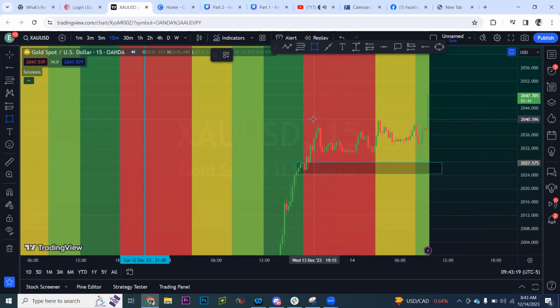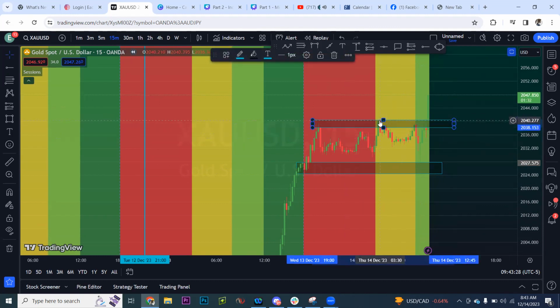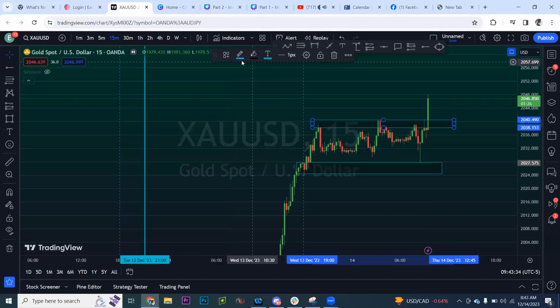And my highest point is here, the yellow. That's the highest point between the red and yellow. Now I can take this colorful stoplight off.